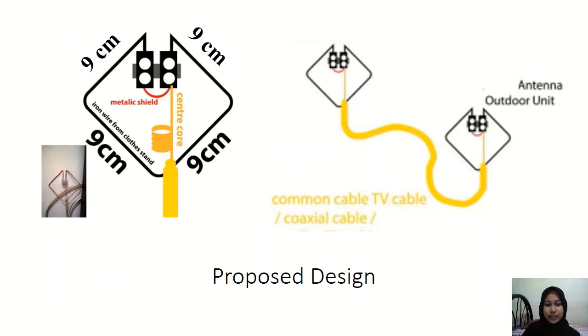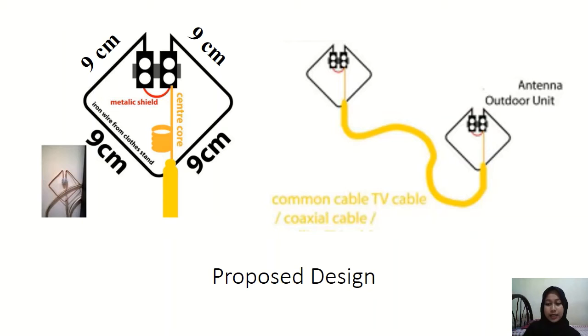So this is the proposed design. I found this design on a website, the Instructables website, if I'm not mistaken. The design is quite simple and the materials used to create this kind of antenna are really easy to find, and some of the materials are already in the house. So it is quite easy for me to create this antenna.